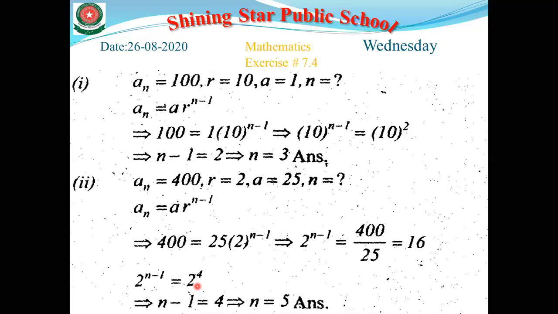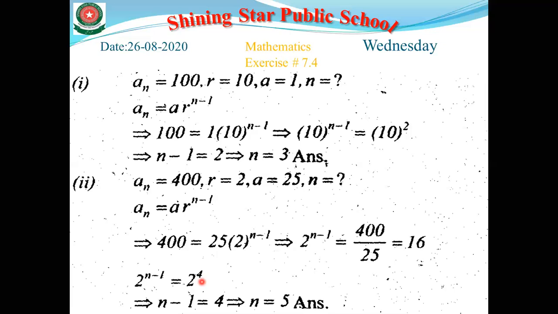We could also write 4 power 2 because 4 power 2 is 16. But why don't we write 4 power 2? Because here is 2 and here is 4, so the question would be wrong. That's why we write 2 power 4. So remember that whenever we have two sides, we have to make the bases the same on the left hand side and right hand side for the simplification.